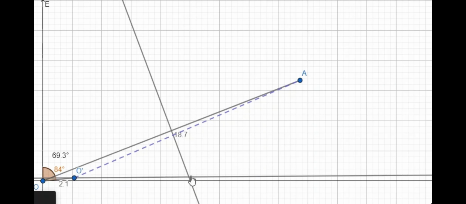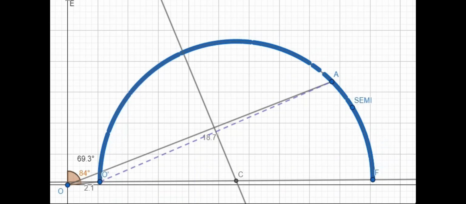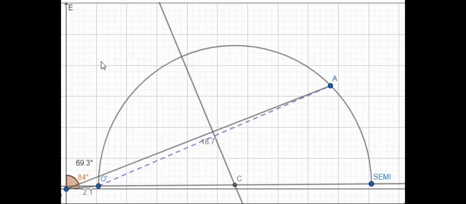The intersecting point on this line is named C. And now we draw a semicircle taking C as the center, with radius O dash C. Now we have to draw a line from point A parallel to the y axis, towards the x axis.